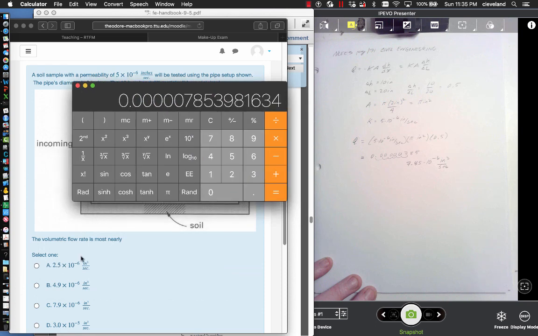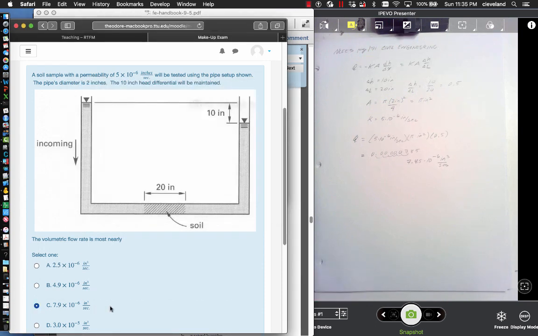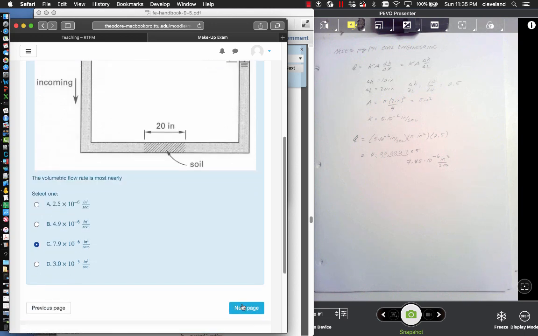And our best answer is C, 7.9 times 10 to the minus 6. Move on to the next page.